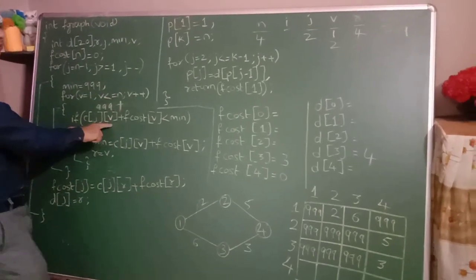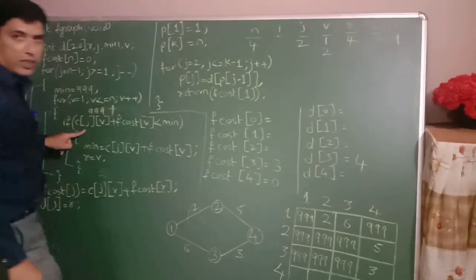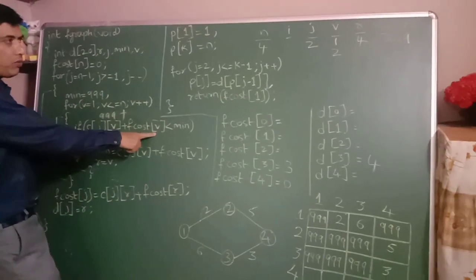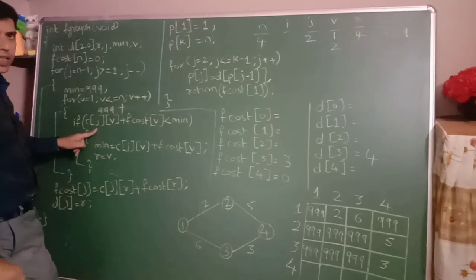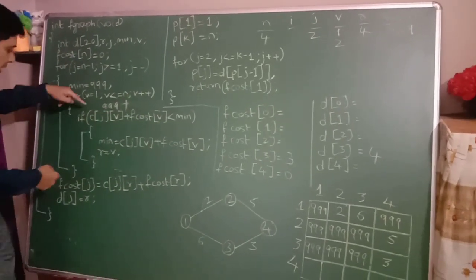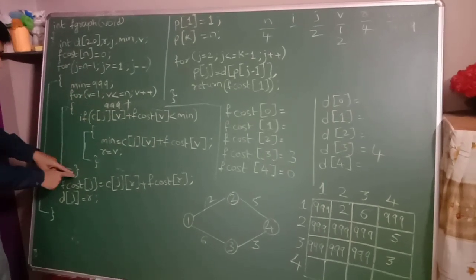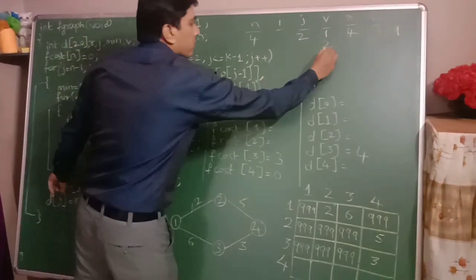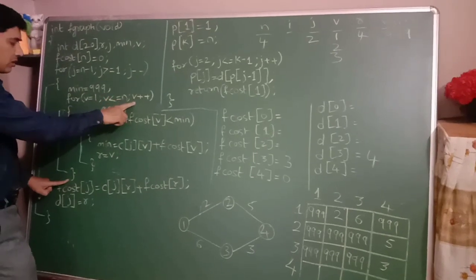So j v, that is 2, is again 999, right? So is 999 plus f cost of 2, some garbage value, ever less than 999? When the condition is false, it is not going to do this. Then again increment the value of v by 1, right? Now v becomes 3. Is 3 less than or equal to 4? Yes, right?